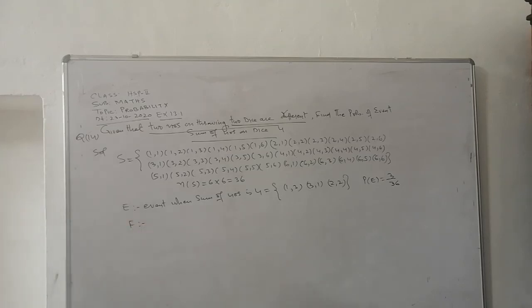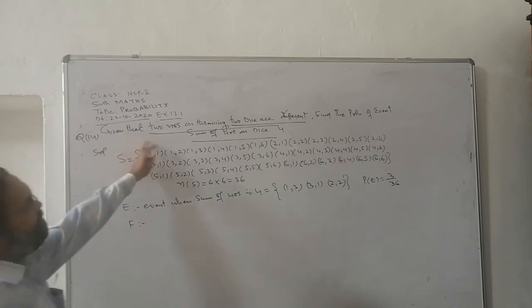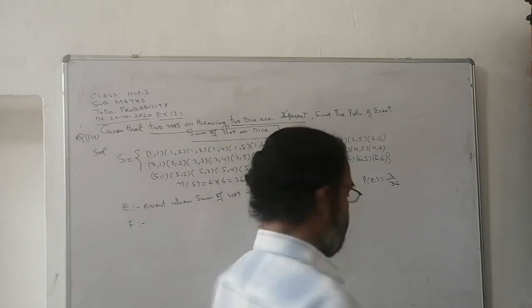Now F is another event, the event where the two numbers are different.